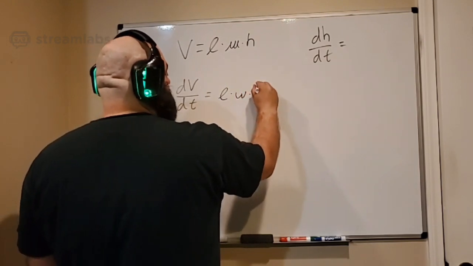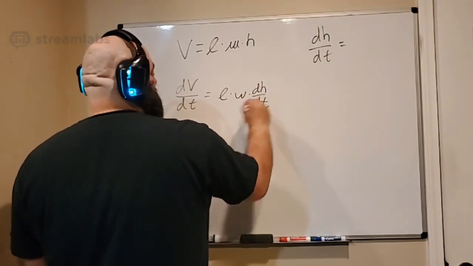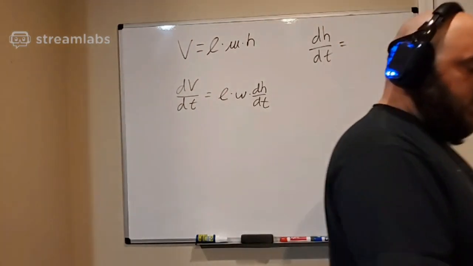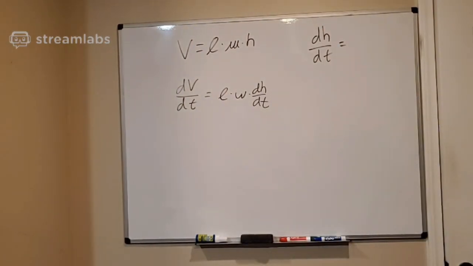And if you want, and it makes you feel better about doing that, what are the length and the width? How do you know which ones are going to be variables and which ones are constants when they're all variables? They're not variables, because think about it: as water is filling up your tub, what part doesn't change? The length and the width.